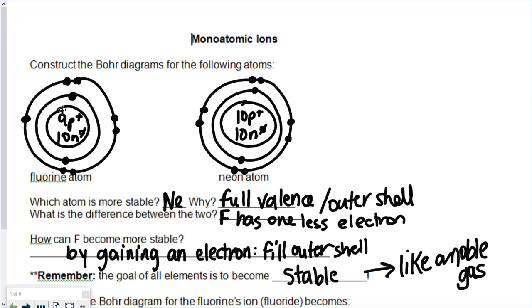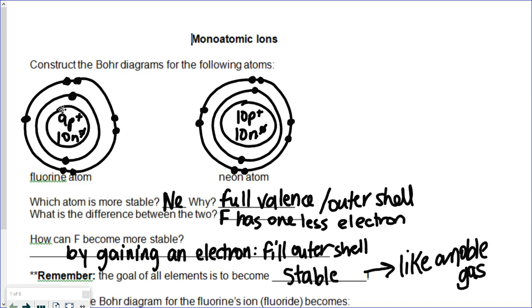So if you drew out the Bohr diagram for your noble gases, sorry, I now have a periodic table that I'm trying to open. If you drew out the Bohr diagram for neon, which we just did, or argon, you could go as far as krypton. It's kind of hard to draw. You would find that it actually has a full valence shell. And so that's very stable. So things want to become like a noble gas.